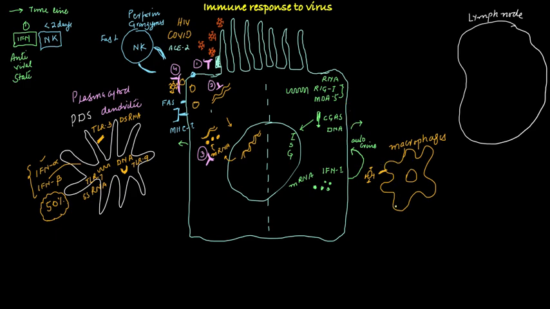So these macrophages will engulf the free viruses or the virus infected cells, and they are going to start producing pro-inflammatory cytokines like interleukin 1, TNF alpha and IL-6.